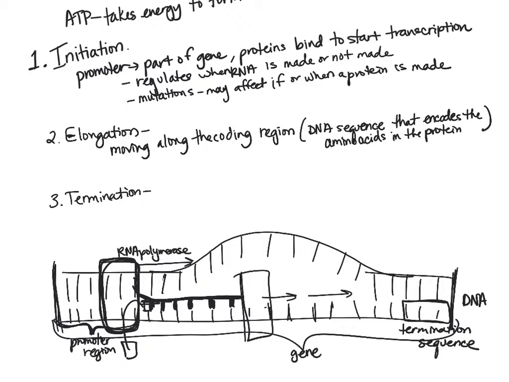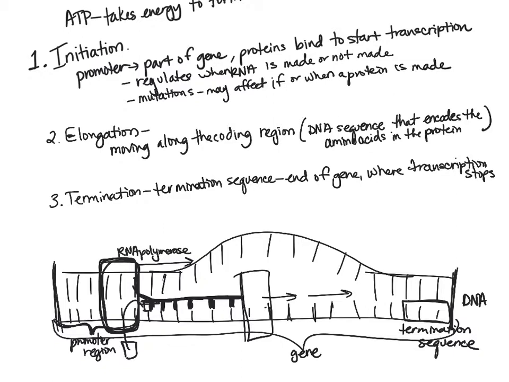This is the end of the gene, where transcription stops, hence the termination. So our RNA polymerase is going to keep going along, adding nucleotide by nucleotide, and then it's going to get to this termination sequence.